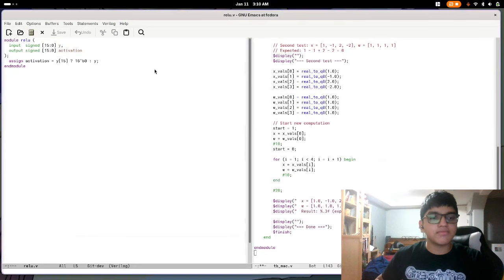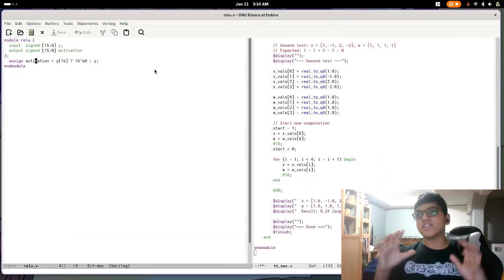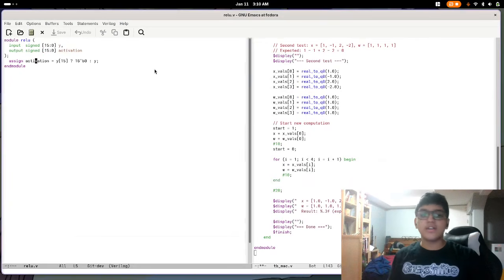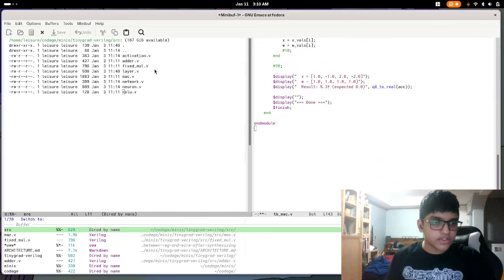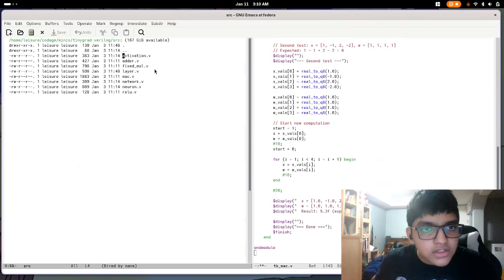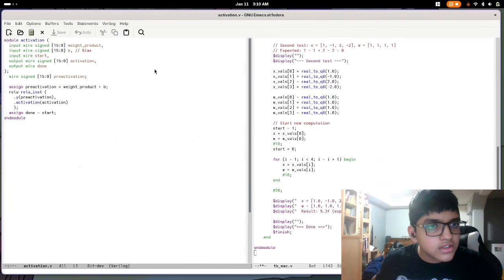And then, yeah, the output is the activation. So it sets that wire to that value, and then that wire is the same wire. And then if we go back to, yeah, now we can head to activation.